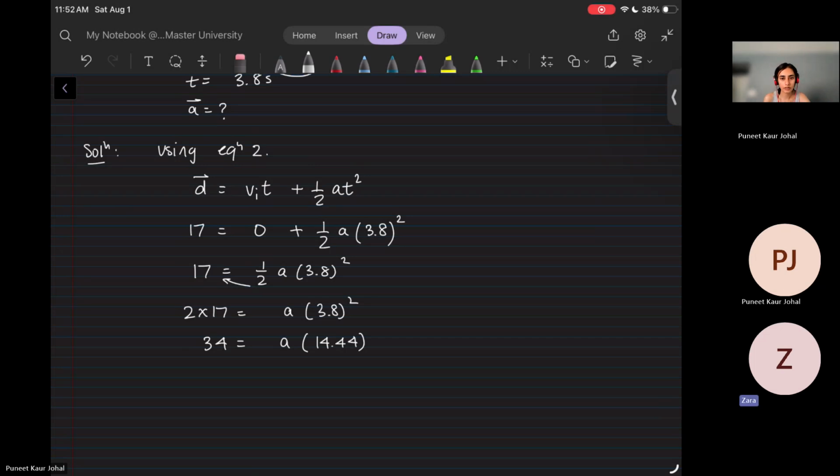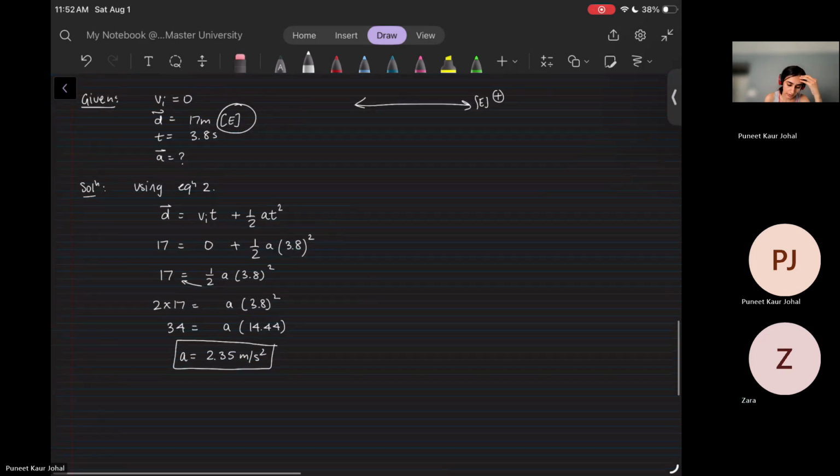You just divide on both sides. Exactly. You divide on both sides by 14.44. And so acceleration, if you do that, comes out to be 2.3545. I'm just going to say 2.35 is good enough. Okay, so that is our acceleration.